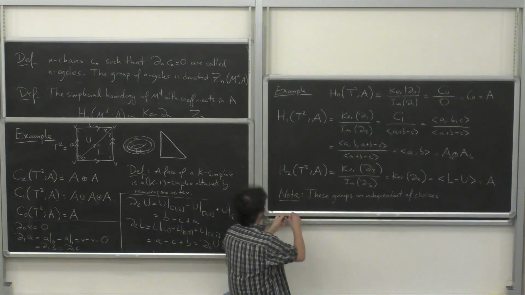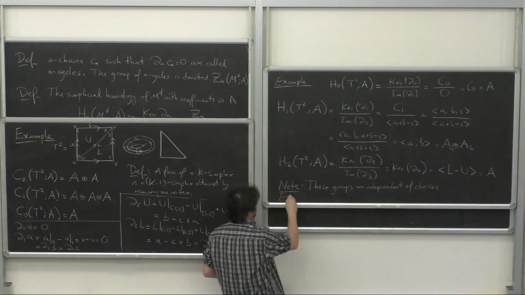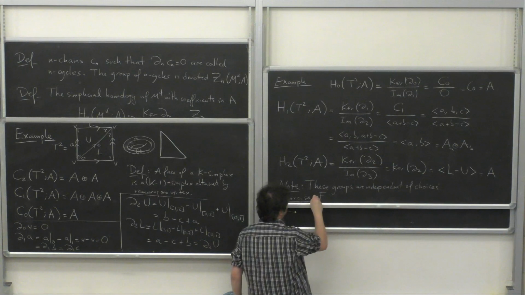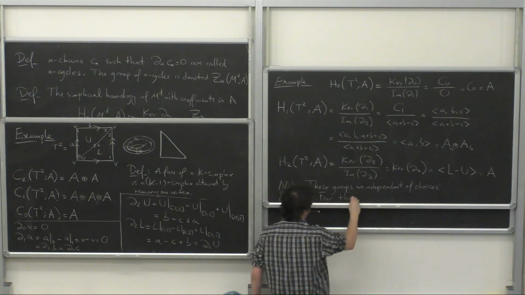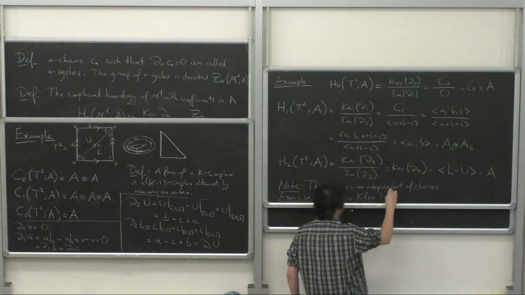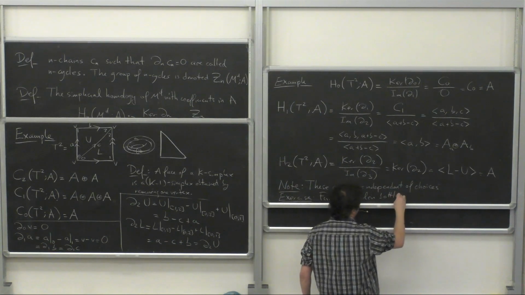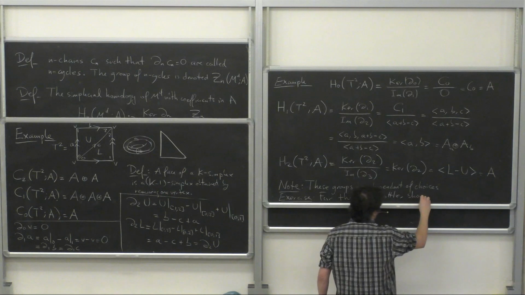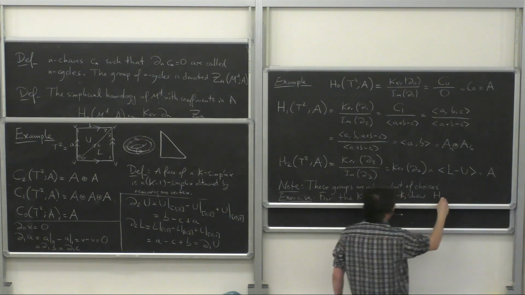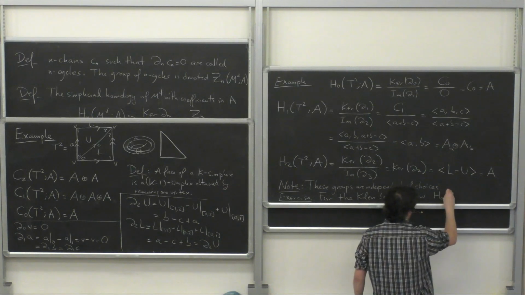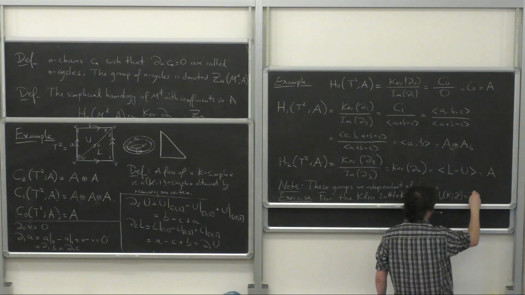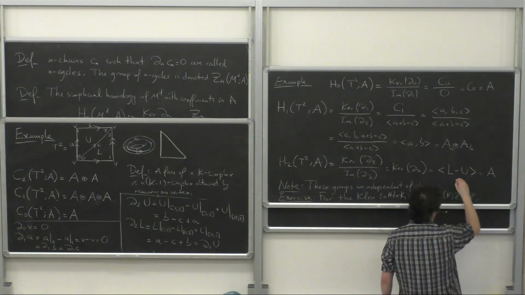Okay. And maybe if you want to have a bit of fun with this, for the Klein bottle, show that H0 of K with coefficients in Z is Z, so it has one component.